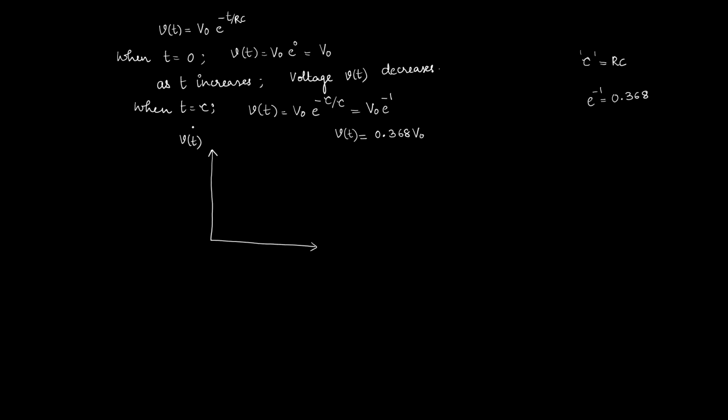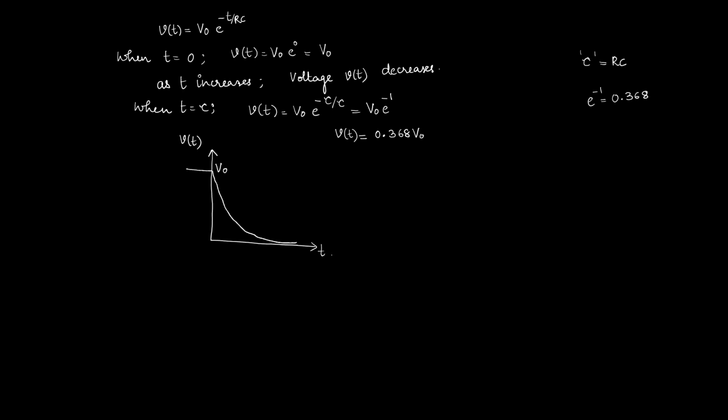Graphically, if I have to plot this particular response, I have the graph of the voltage across the capacitor versus t, the time. Initially my capacitor is charged to V naught when there was the external source of excitation. Then my circuit will have a sudden change. That means abruptly we are going to remove the source and it becomes a source free circuit. So whatever energy was stored in the capacitor will now start decreasing, and it decreases exponentially.